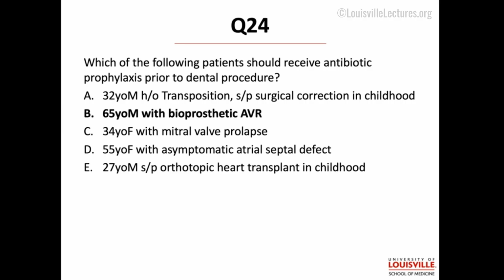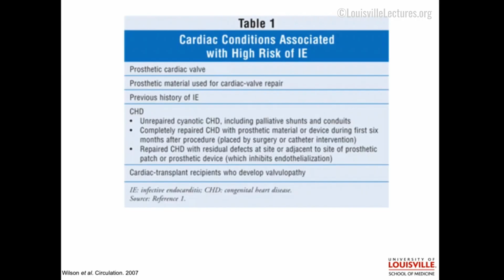Okay, so this is something purely to know is which patients get antibiotic prophylaxis prior to dental procedures, okay? And there is this chart, anyone with a prosthetic cardiac valve, indwelling prosthetic material, previous history of endocarditis, and then the congenital heart disease is where it gets a little bit trickier, okay? Unrepaired cyanotic disease, right to left shunts, completely repaired disease within 6 months after the procedure, okay?